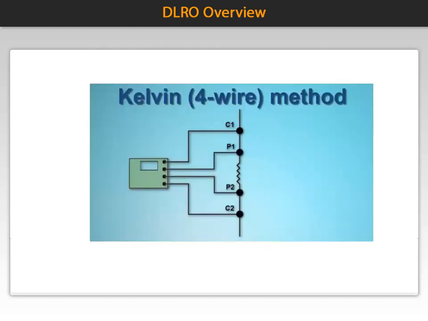Now let's look at the DLRO in some detail. The DLRO uses a Kelvin 4-wire test method. The source leads provide a constant current while the sense leads measure the voltage. This provides a high level of sensitivity and accuracy when the load under test is of low resistance.